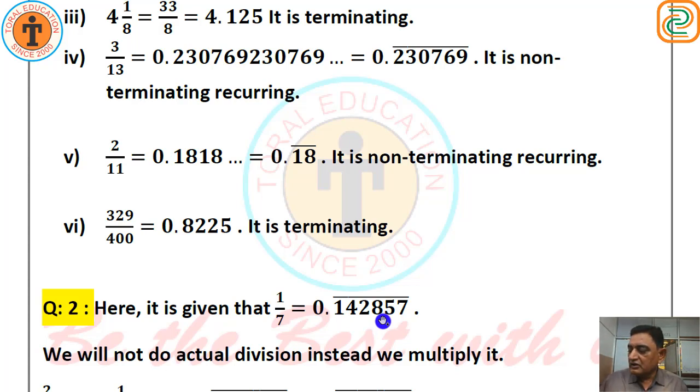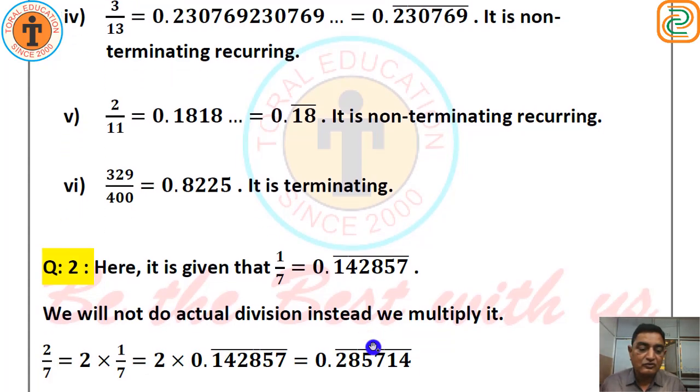So, can you predict what the decimal expansions of 2 upon 7, 3 upon 7, 4 upon 7, 5 upon 7 and 6 upon 7 are without actually doing the long division?